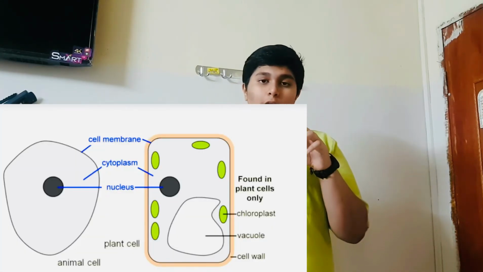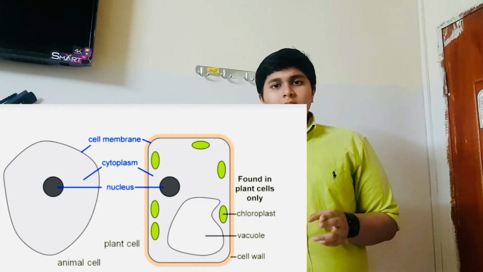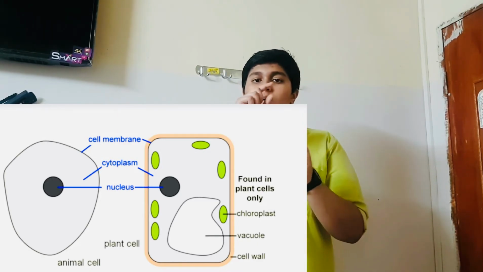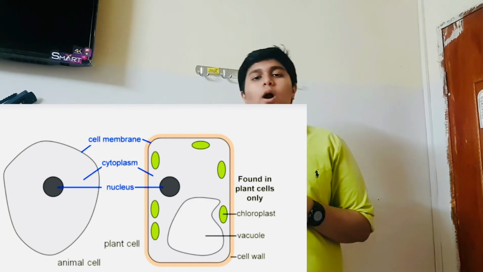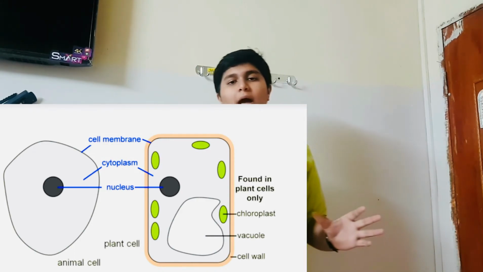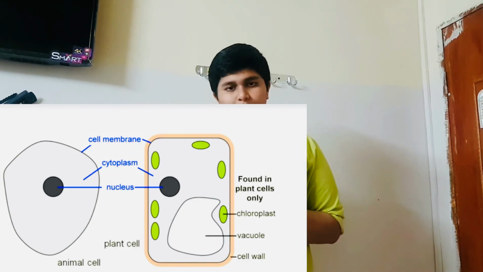There is one more, the cell wall, but it is not one of the three basic parts because it is found only in plants. It covers the cell membrane in plants, outside it. So we learned many things today.